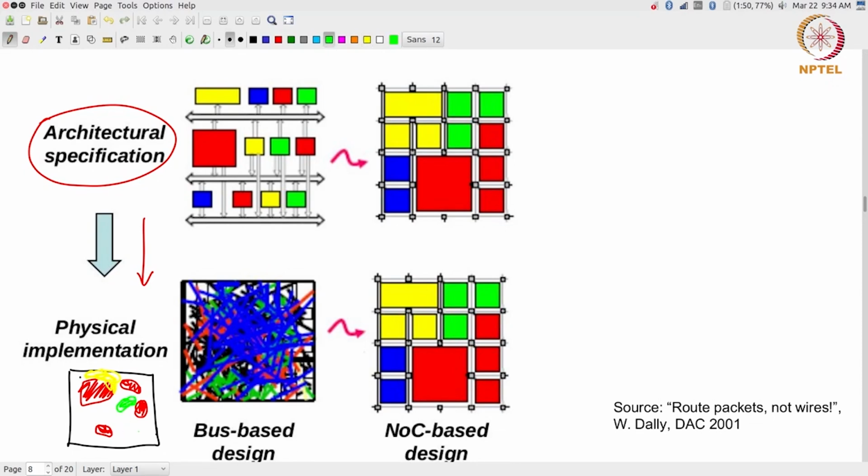It becomes very messy very quickly. That's essentially what this will look like at the placement stage, and once you do the routing, you will end up with wires going all over the place, and the net result will finally be something like what we are seeing on the bottom left.